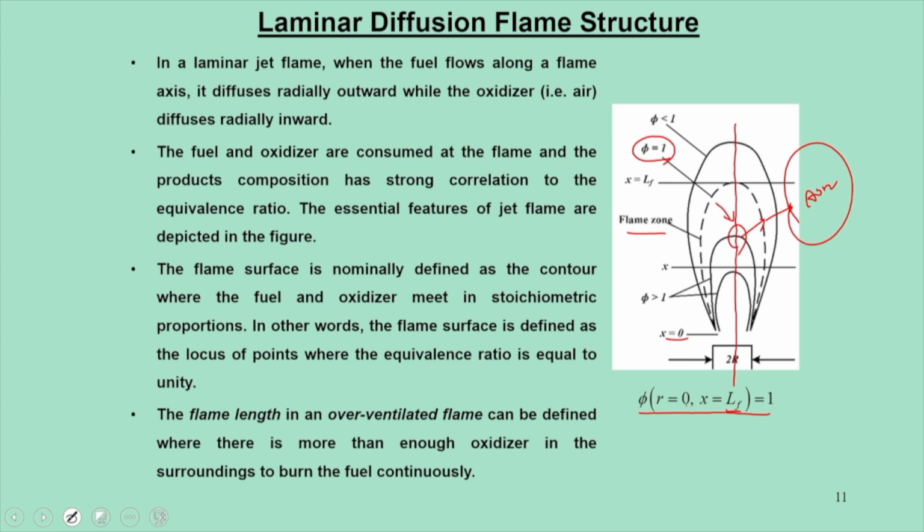So x is measured from here, and at this location your x is equal to Lf. This is how we define this flame zone or laminar diffusion flame in terms of r and x. That is the maximum x which the flame can reach with equivalence ratio of 1.